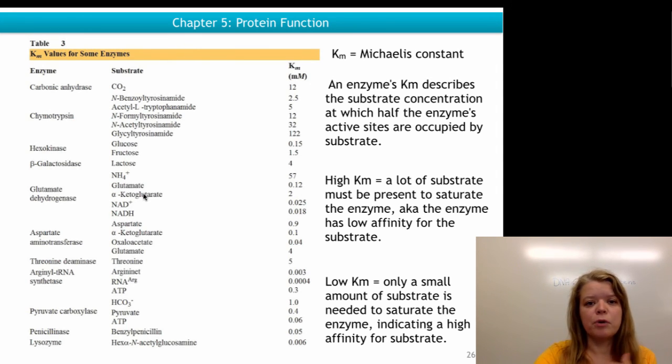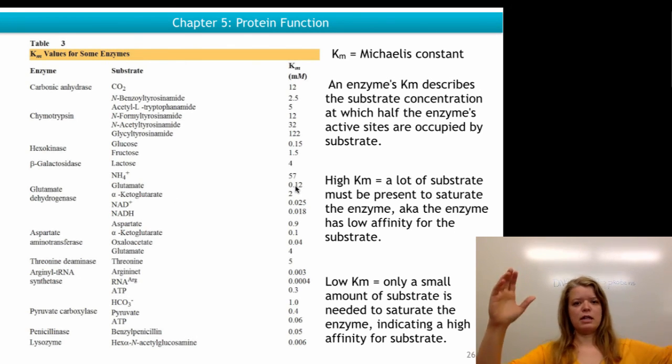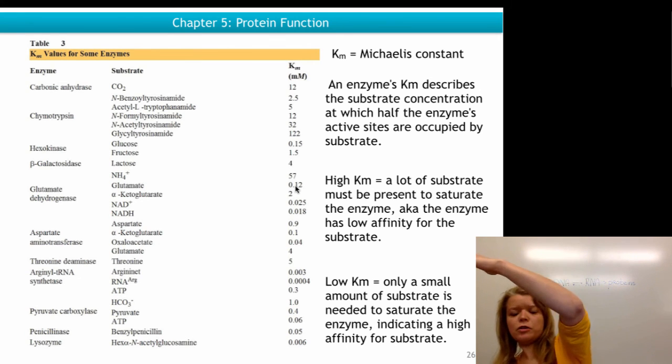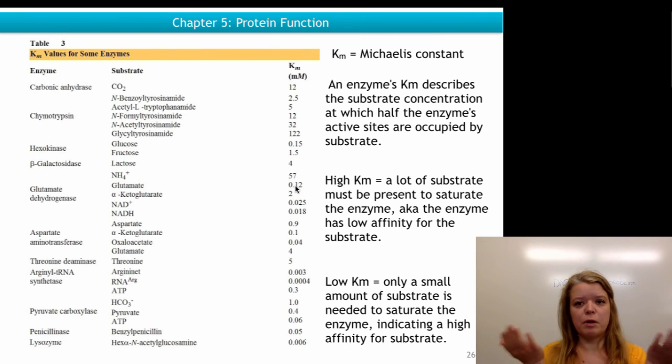You can see that the product, alpha-ketoglutarate, has a high Km, so the enzyme has a low affinity for it, while glutamate has a much lower Km, so glutamate dehydrogenase has a high affinity for glutamate. As a result, the reaction is likely to go from glutamate to alpha-ketoglutarate, even though both directions technically are possible due to chemical equilibrium.